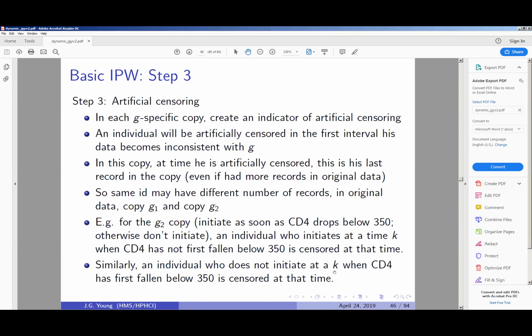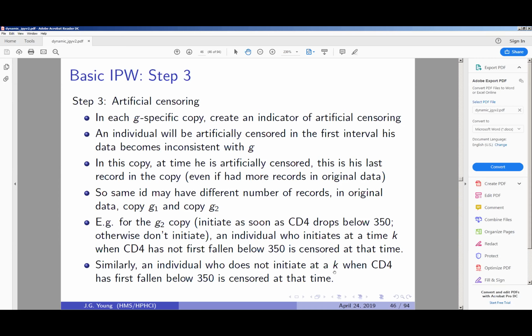So now in each of those G-specific copies, we're going to create an indicator of artificial censoring. An individual will be artificially censored in the first interval his data becomes inconsistent with G. So in this copy, at the time he is artificially censored, this is going to be his last record in the copy, even if he had more records in the original data.